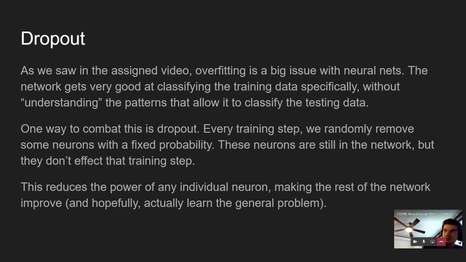And that means that we're reducing the power of any individual neuron by making the rest of the network improve. And hopefully in doing that, it will lead to a more generalized solution to the problem instead of a very specific solution, which might almost be equivalent to memorizing the training set.